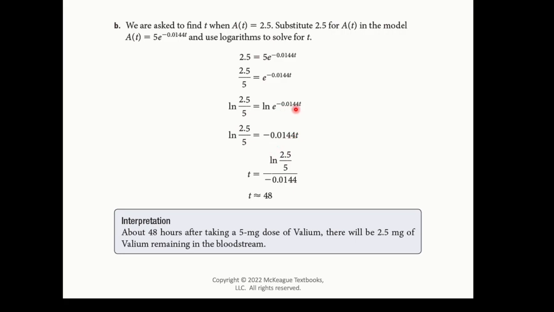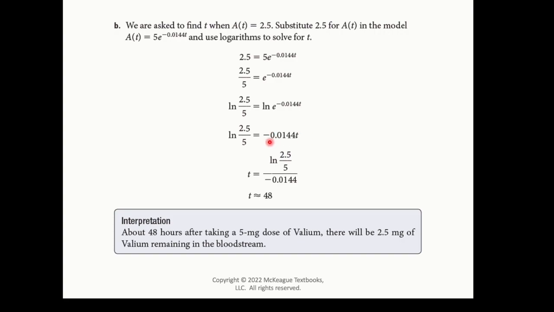Remember, that was one of the properties that we covered: if the base of the log and the argument are the same and you have an exponent, then when you simplify, you just get the exponent, because we would use the rules of logarithms to bring the exponent down in front. And then natural log of e is just 1, so we would be left with just the exponent.